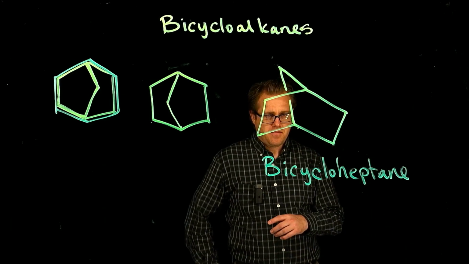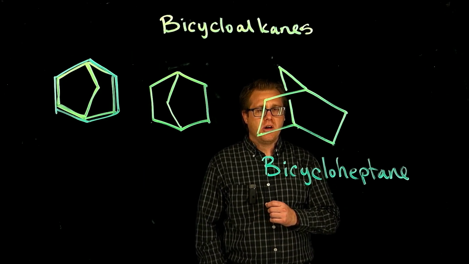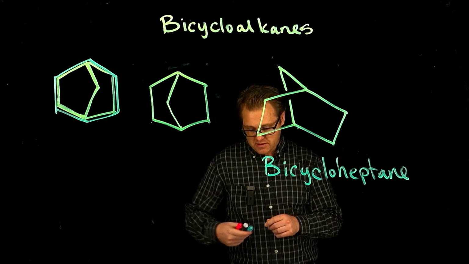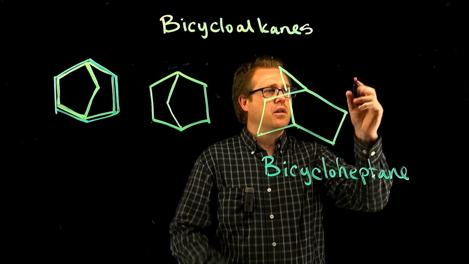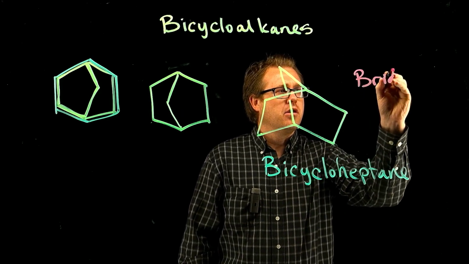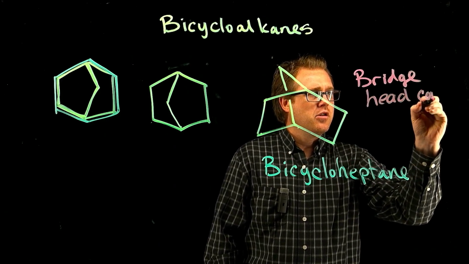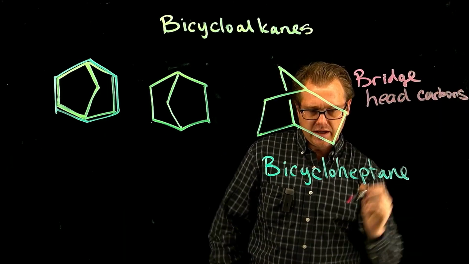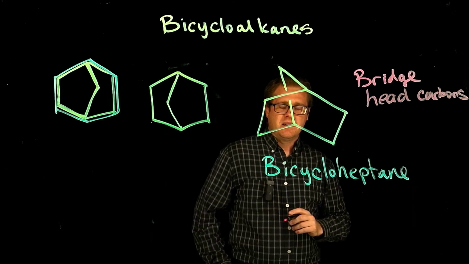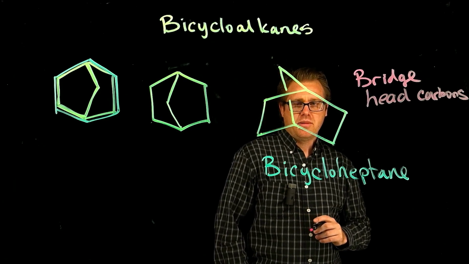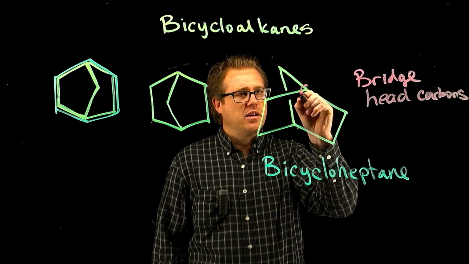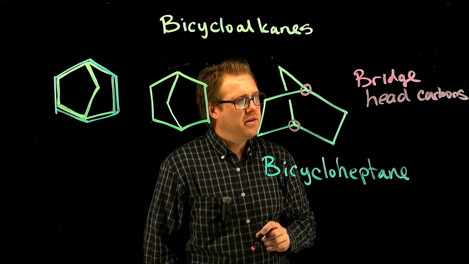And in a bicycloheptane, we have what's called bridgehead carbons. The bridgehead carbons are that carbon there and that carbon there.